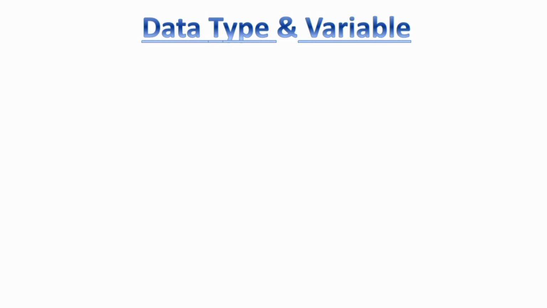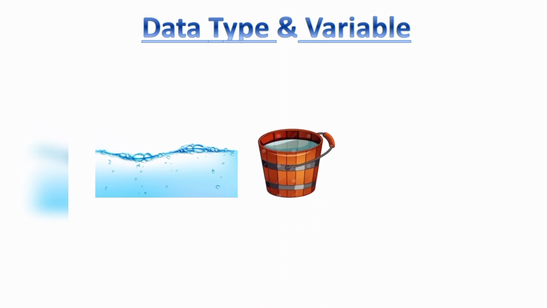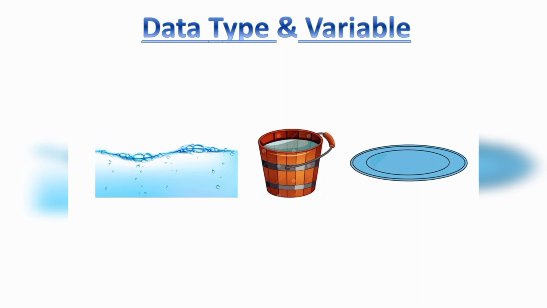First, we'll discuss what exactly a data type and a variable are. Suppose you have 1 liter of water and 2 containers, a bucket and a big plate. Now, according to the state of water, which is liquid, we should store that 1 liter of water in the bucket, which makes more sense.